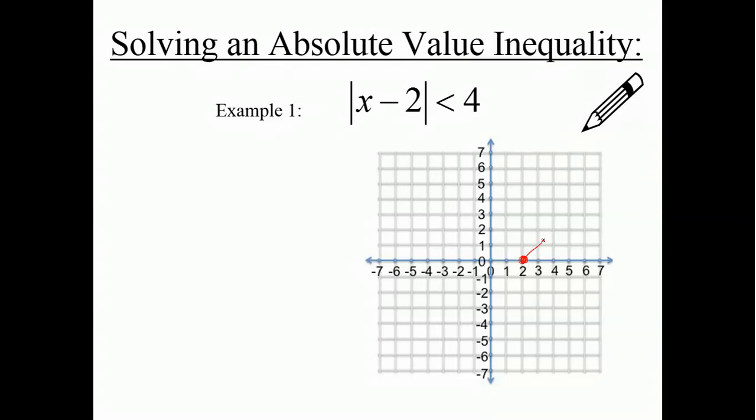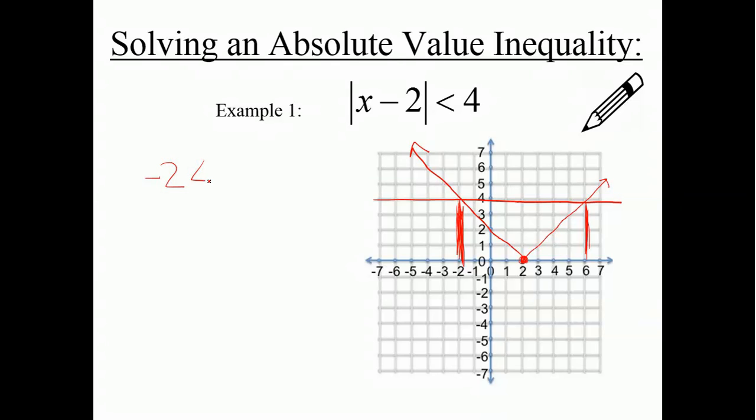Let's go ahead and go like this. Go ahead and go like that. So at 4, right here. So now you want the graph that's less than 4. So it looks like all my x values that are less than 4 are between negative 2 and 6, right?